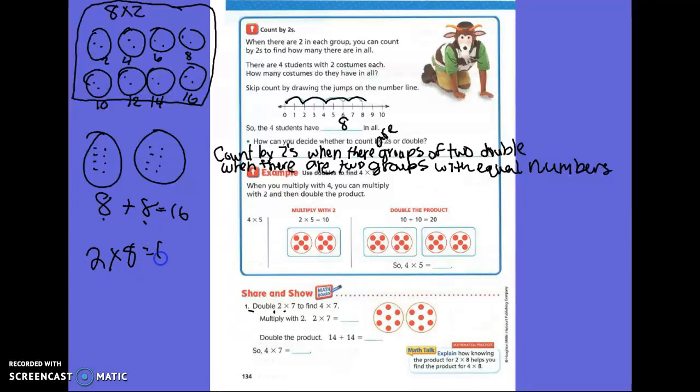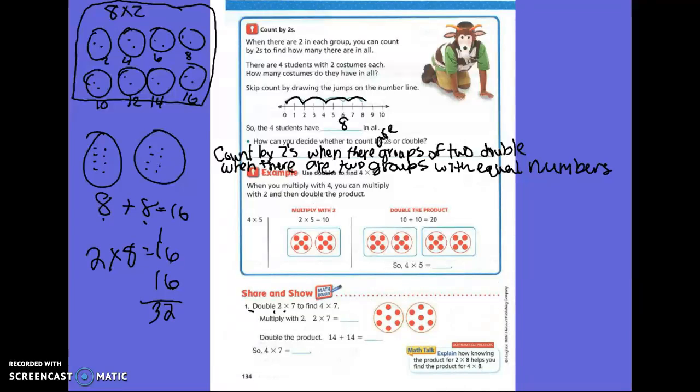And we know 2 times 8 is 16. So to do 4, you're just going to double the answer, and 6 plus 6 is 12, and 3 ones is 3. So 4 times 8 then is 32. All you're doing is doubling the answer if you do 4 times something.